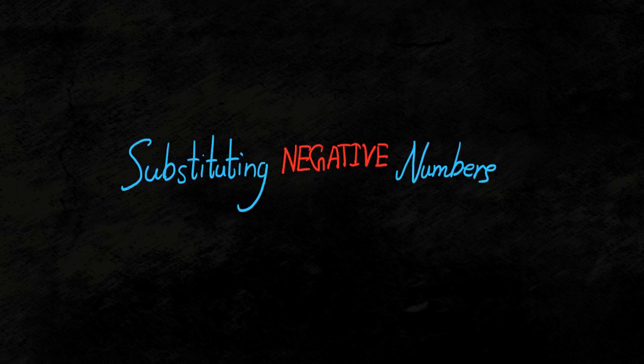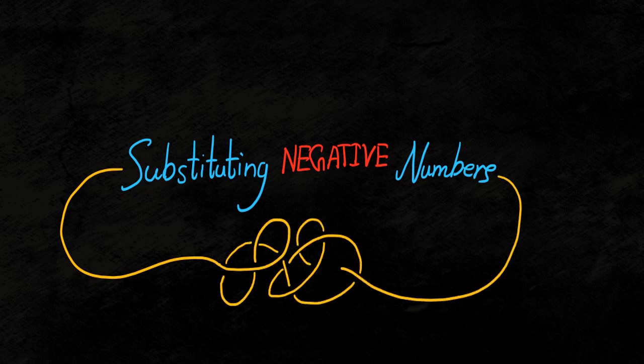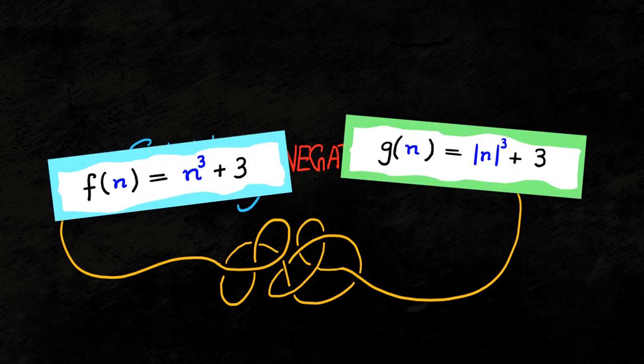Okay, in this section, we'll go through what is meant by substituting negative numbers, and how they're related to generating functions. The phrase substituting negative numbers isn't as simple as it sounds. Look at these two formulas. For all positive integers n, these two formulas are the same.